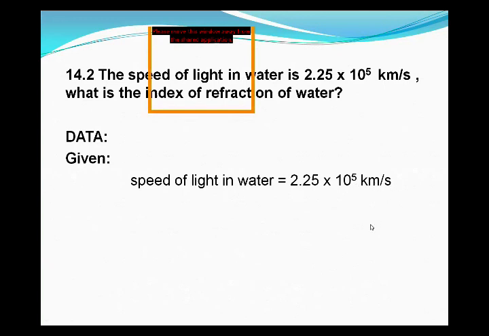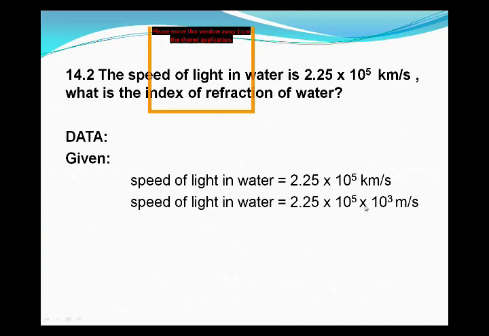But in the previous one, we learned that the unit should be related to the SI system. If we observe, the speed of light unit is in meter per second, but here kilometer is given. So we are just going to remove kilometer.